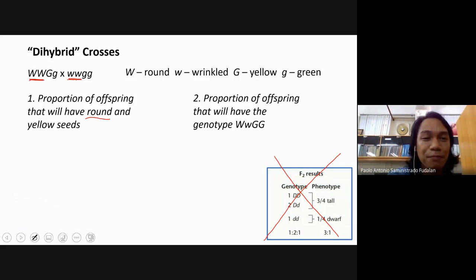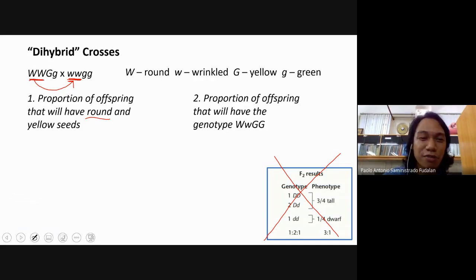If you look at the parents, one parent is homozygous round, and the other parent is homozygous wrinkled, the recessive. If you are going to make a cross, big W by small w, the big W and big W will always pair up with the small w.